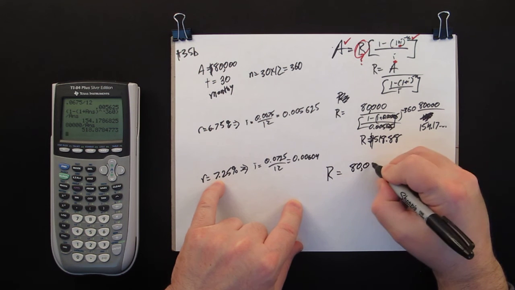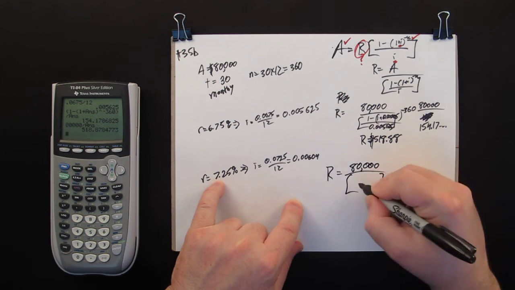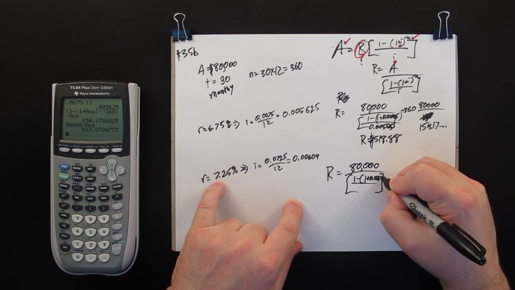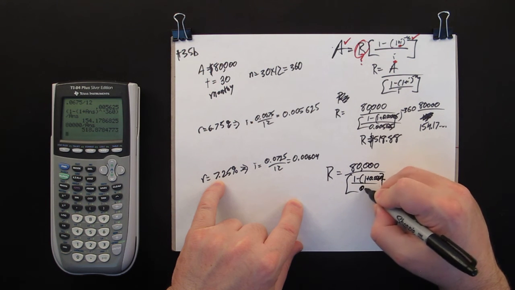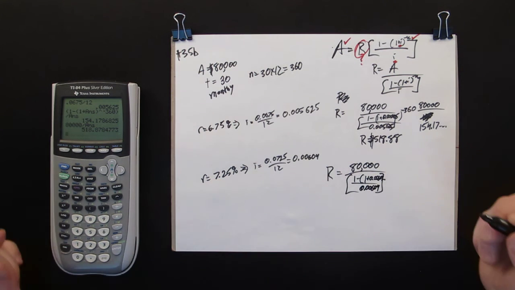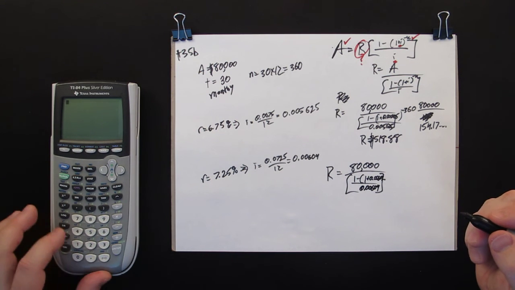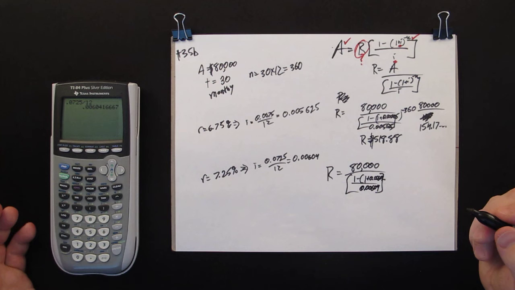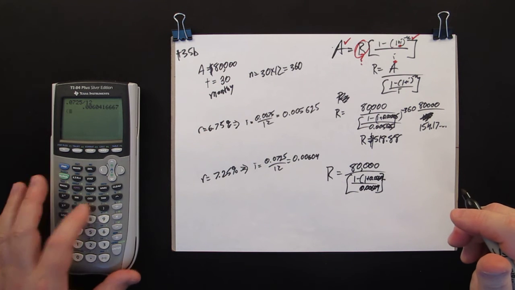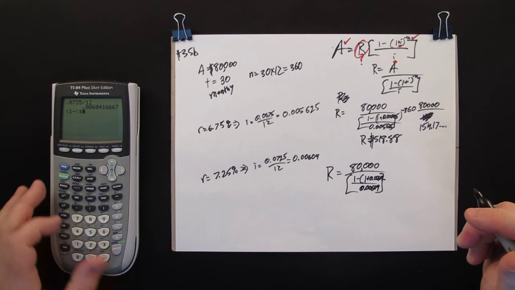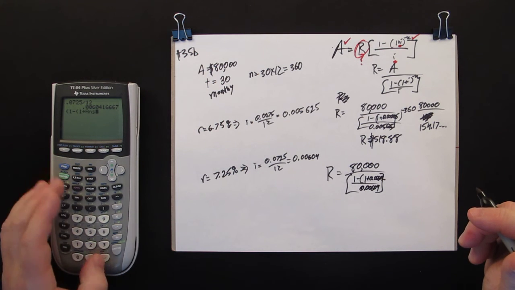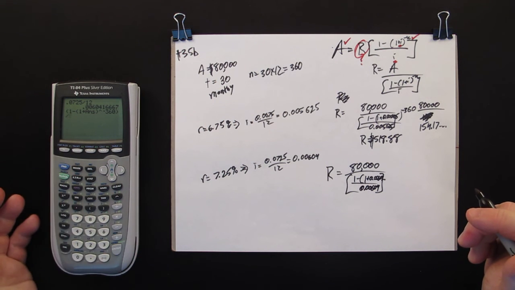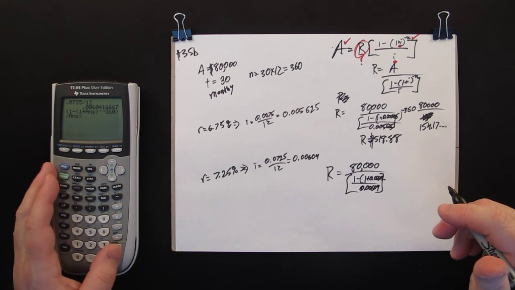Now for the payment at the 7.25% annualized rate. So again, amount borrowed divided by the part in the brackets. 0.00604, that's our monthly interest. So compute the bracket term: minus 360 power divided by monthly interest.